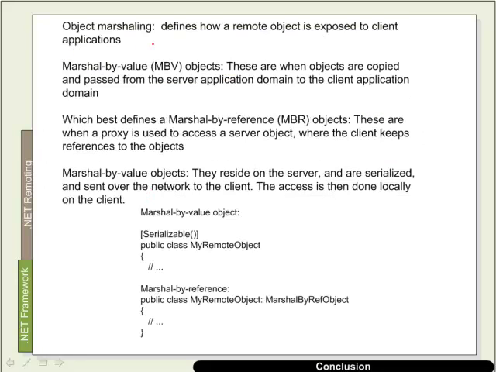We looked at the marshalling process, and it's the way for us to be able to expose an object to client applications. We can do marshal by value, where the actual objects are copied from the server to the client.